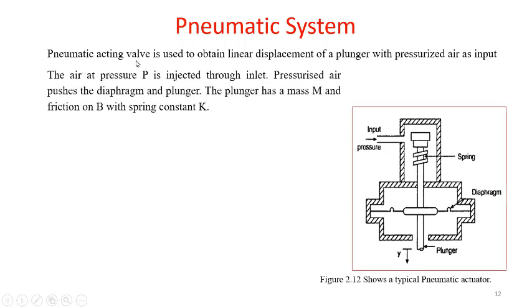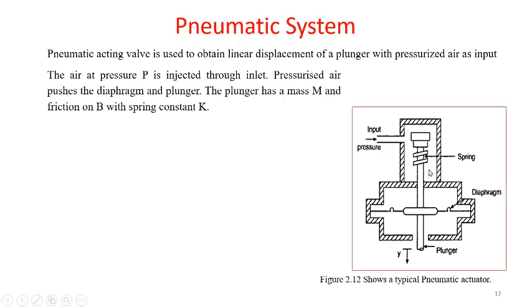So the pneumatic actuating valve is used to obtain linear displacement of the plunger with the pressurized air at the input. Air at a pressure P is injected to the inlet, and the pressurized air pushes the diaphragm and the plunger downward. The plunger has a mass m, and friction B. The friction is the air itself, which creates a resistance, and a spring which we are going to use for action, so the spring constant k.